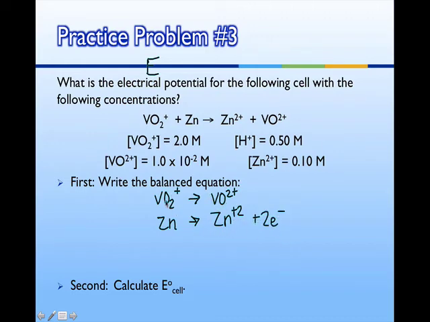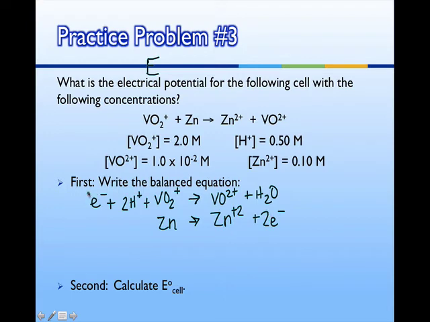Up here, though, I have 2 oxygens on this side and 1 oxygen here, so I'm going to add a water. And then I have 2 hydrogens, so I'm going to add 2 H pluses to this side. And then I have a charge, overall charge of 2 plus and an overall charge of 3 plus. So I have to add an electron over here in order to get the charges on both sides to balance.